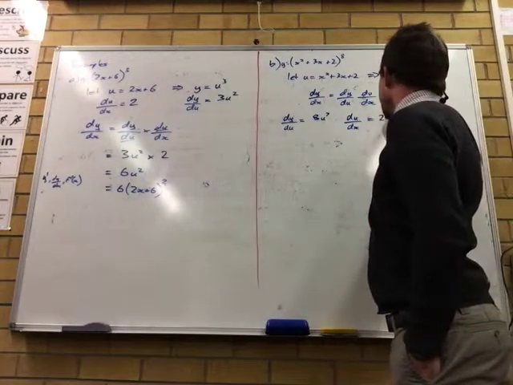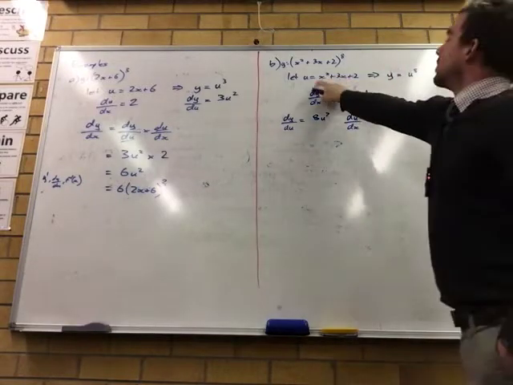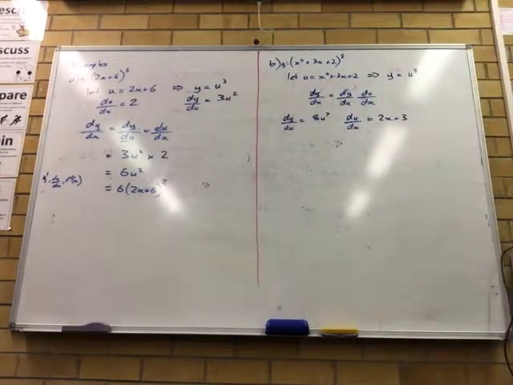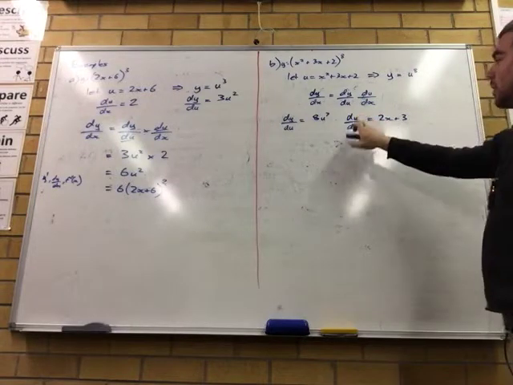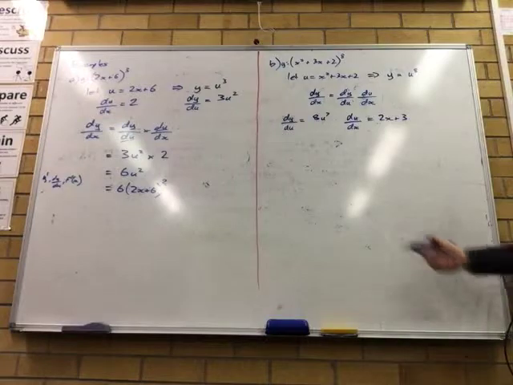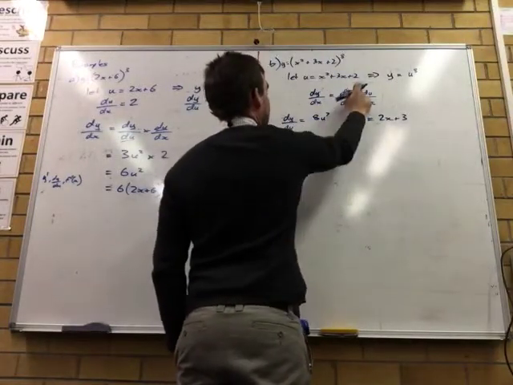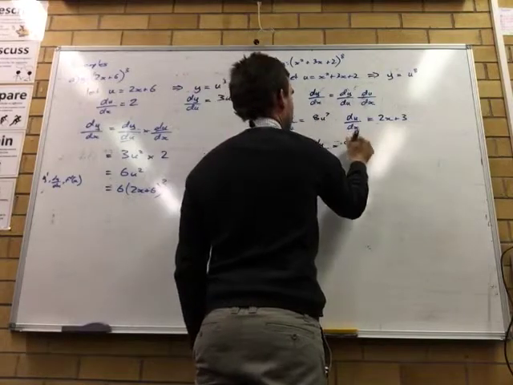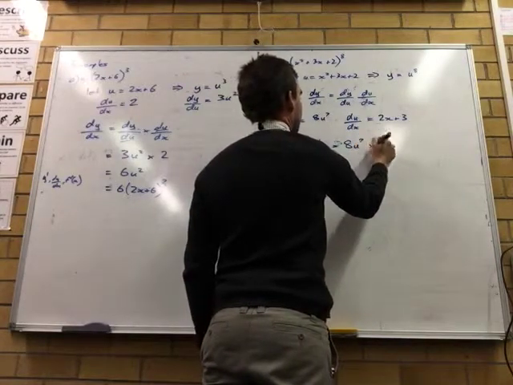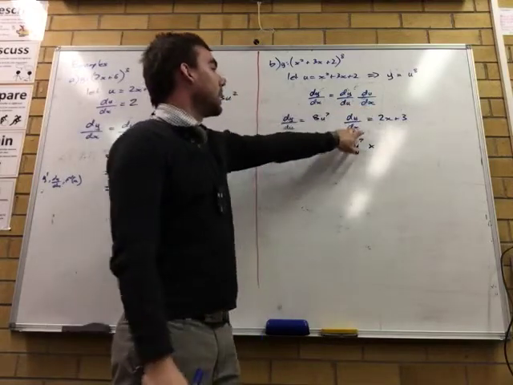Does everyone see where that came from? Yep, differentiate u with respect to x. So your dy over dx is dy over du, 8u to the power of 7, times du over dx.